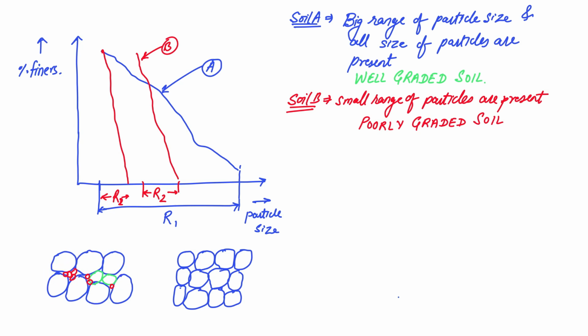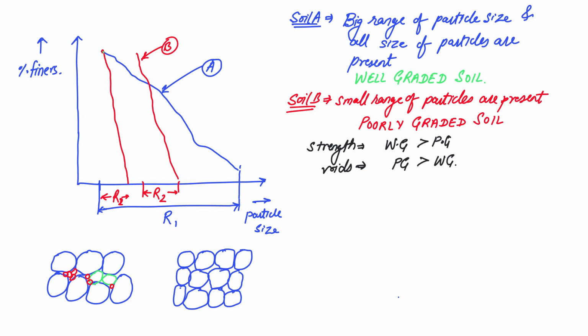So if I ask about the strength, then the well graded soil will have more strength as compared to the poorly graded soil. Yes or no? If I ask you which soil will have more voids, obviously poorly graded soil will have more voids.